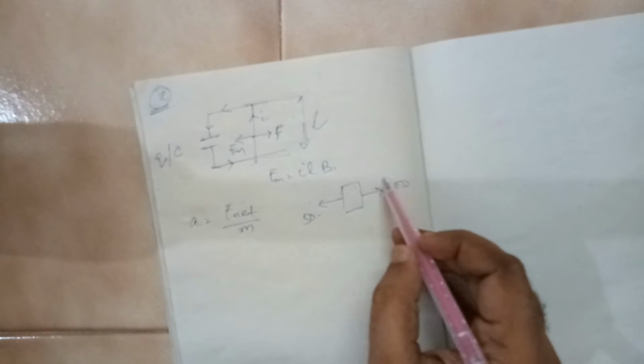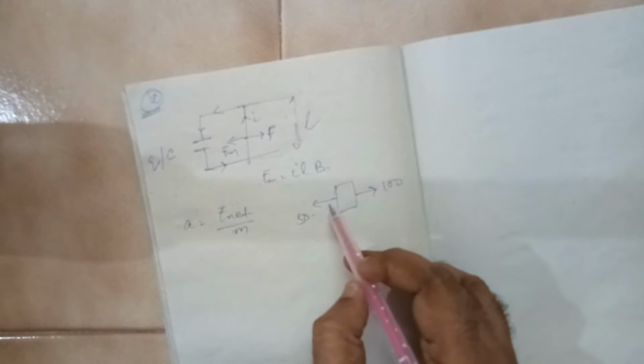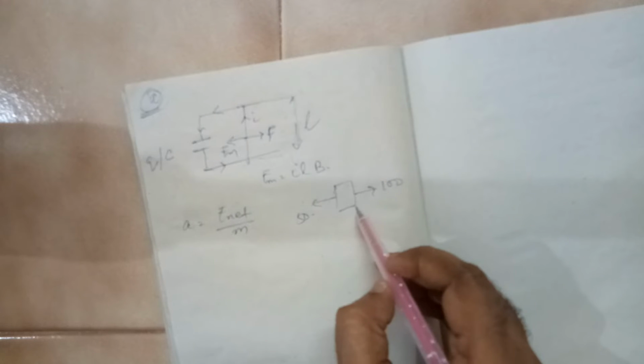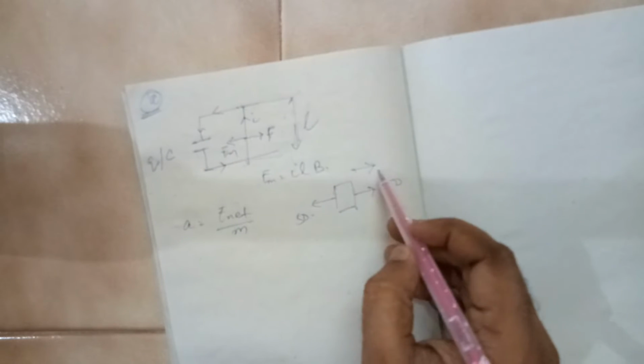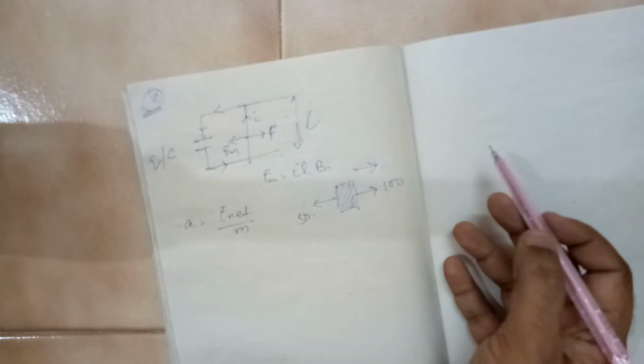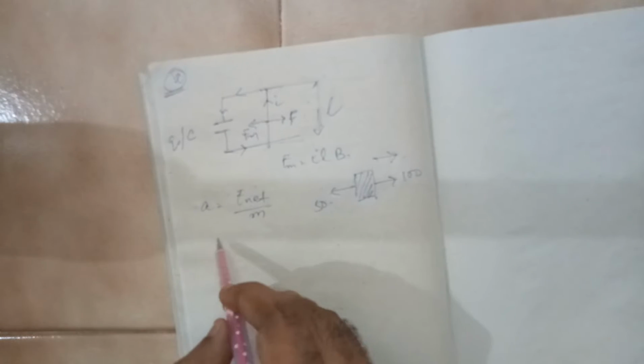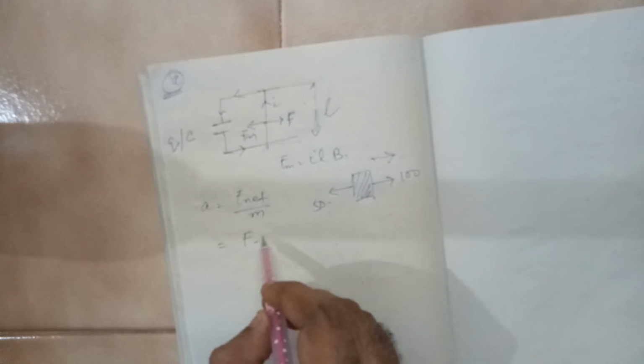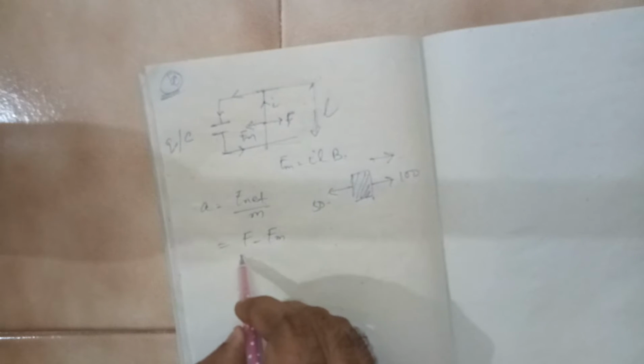You want to find out the acceleration of the block, you have to find out the net force. It is 50, in this direction. That force divided by the mass of this block will give the acceleration. Here also a similar situation. So here F net will be F minus Fm divided by the mass of the wire.